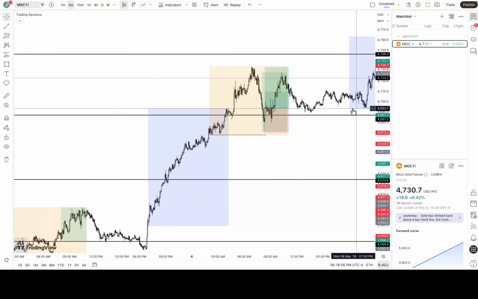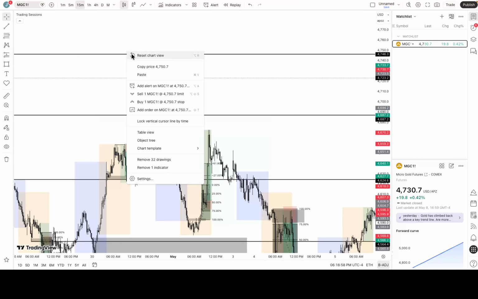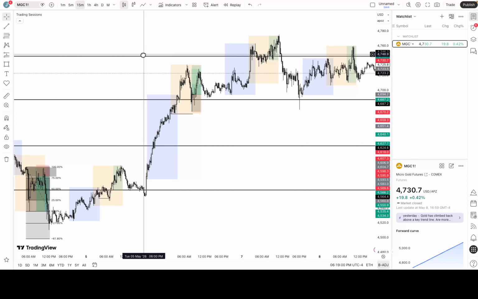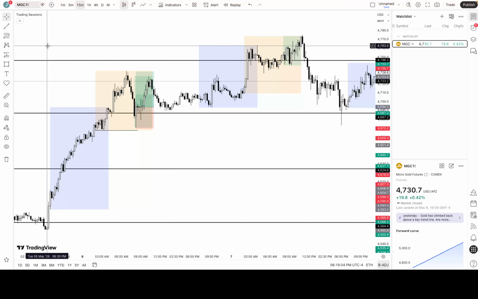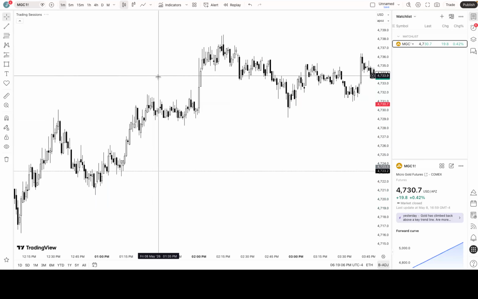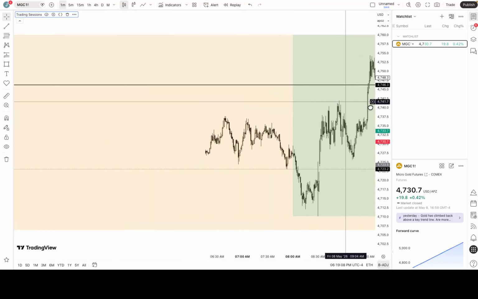Where might my TP even be? Is this a Fibonacci here? It's hardly a Fibonacci. Let's see the 1 minute if we see a better entry.